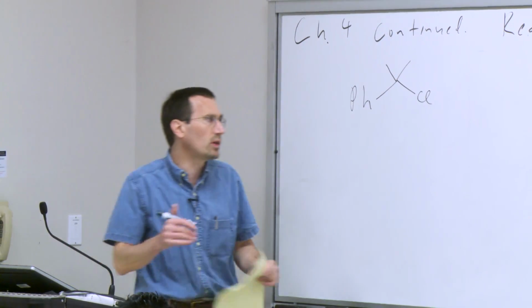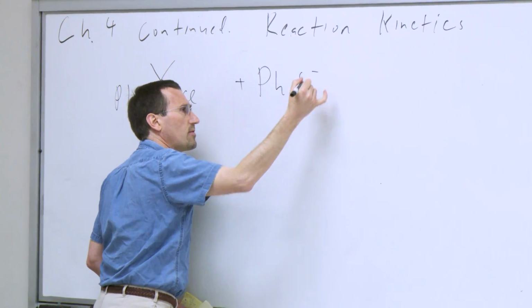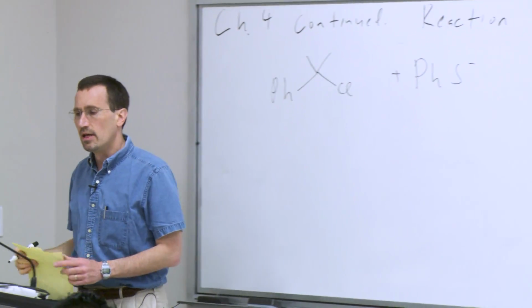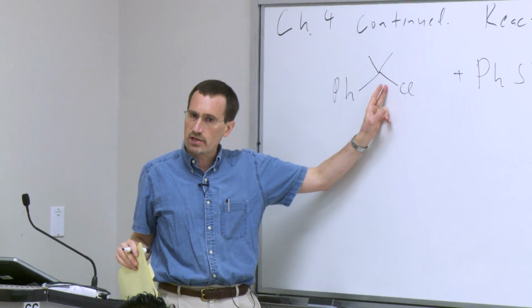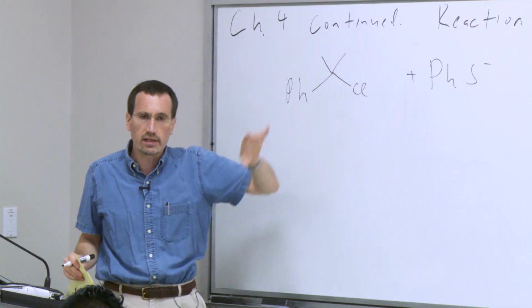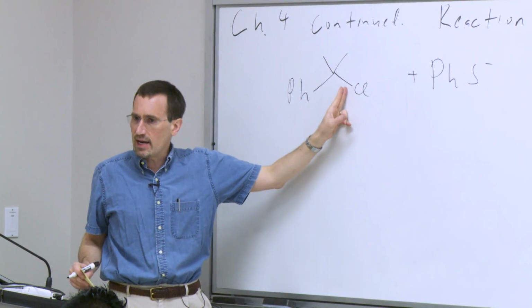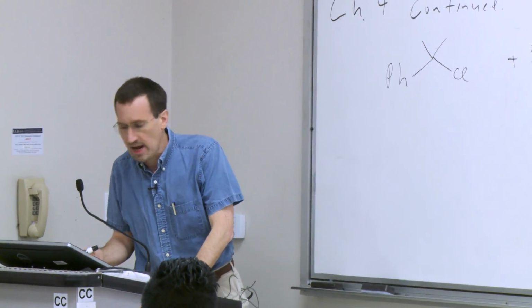If you have a nucleophile like benzene thiolate, which is a really good nucleophile, that nucleophile isn't going to be able to do an Sn2 reaction. Tertiary centers are too sterically hindered. But if you ionize to form a carbocation, then you can do an Sn1 reaction.